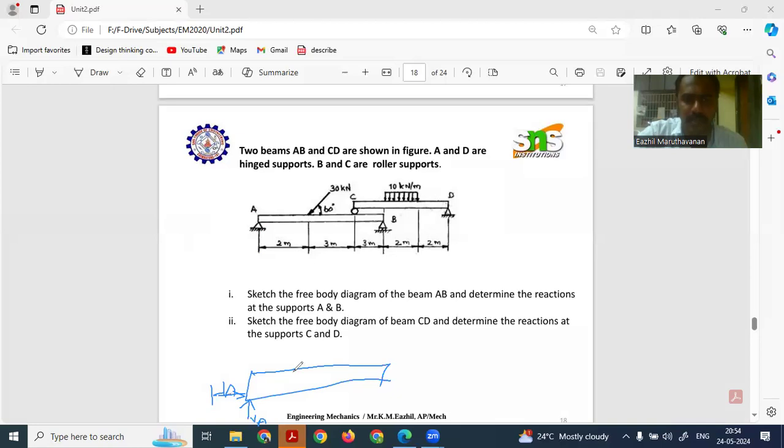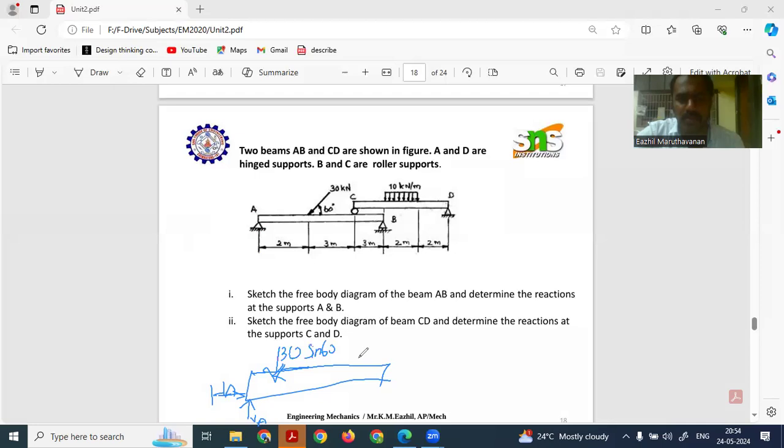Then we have to resolve the inclined force, which is travelling towards the third quadrant. The horizontal component is 30 cos 60, and the vertical component, downwards, is 30 sin 60.